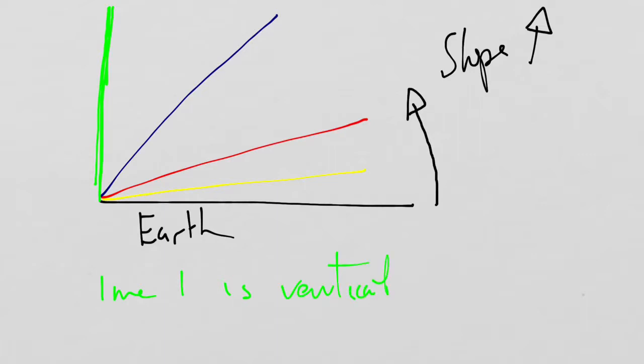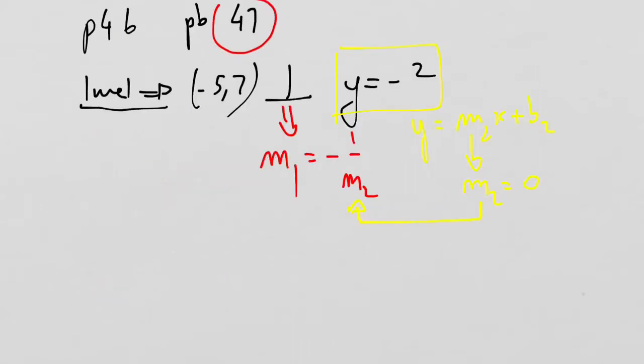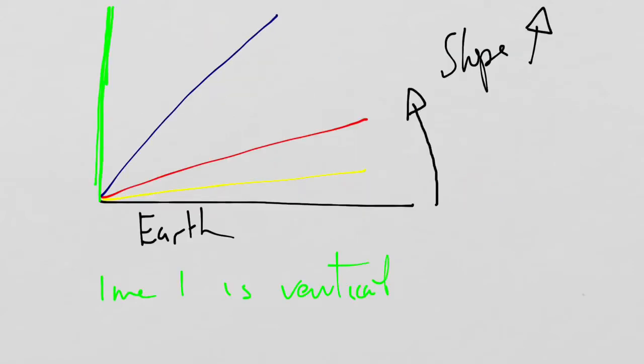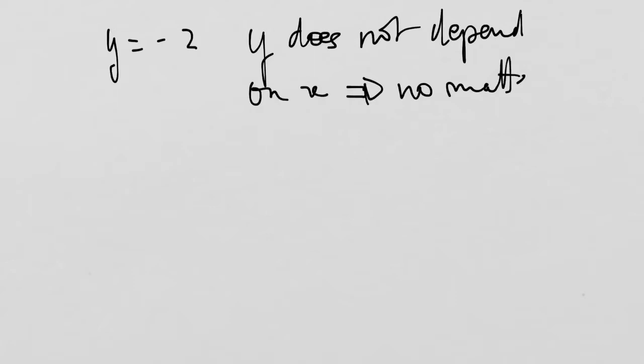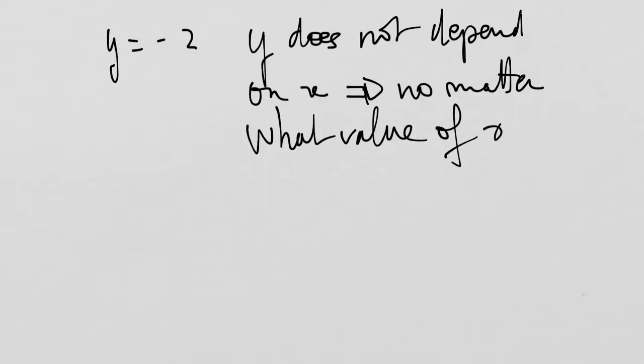Let's try to see if that reasoning is okay or not. For that, let's go back and take a look at y = -2. When you are looking at y = -2, what you can say is y does not depend on x. That implies that no matter what value of x, y will not change.